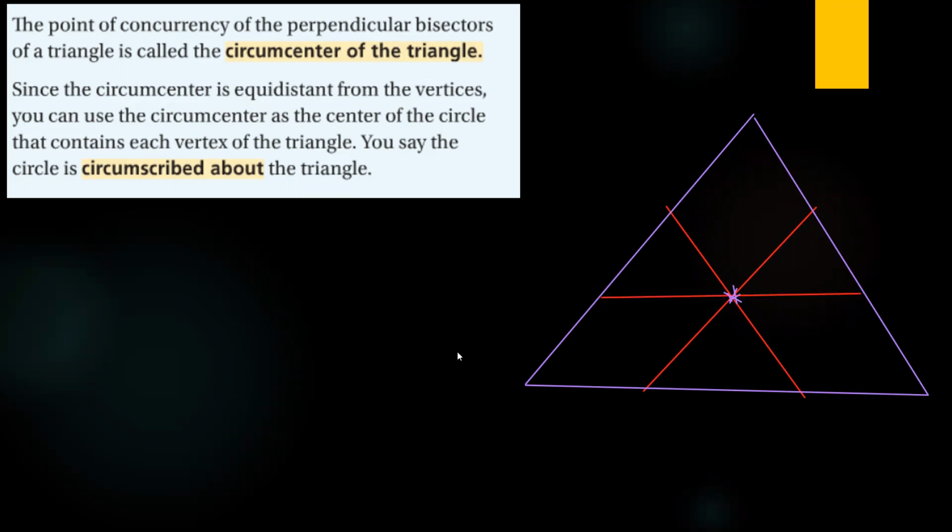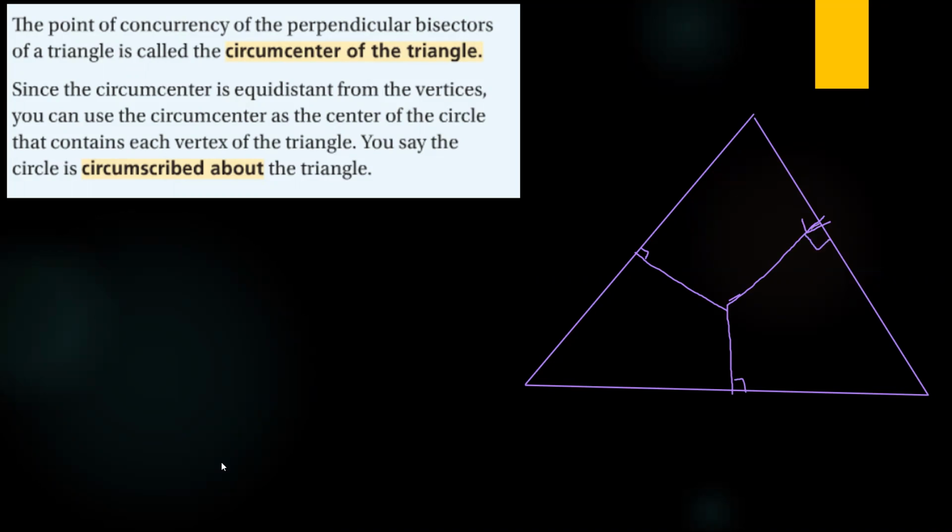If I bring them and put them inside a triangle, they will not be like this. They must be perpendicular on the sides. They are supposed to be perpendicular on them.